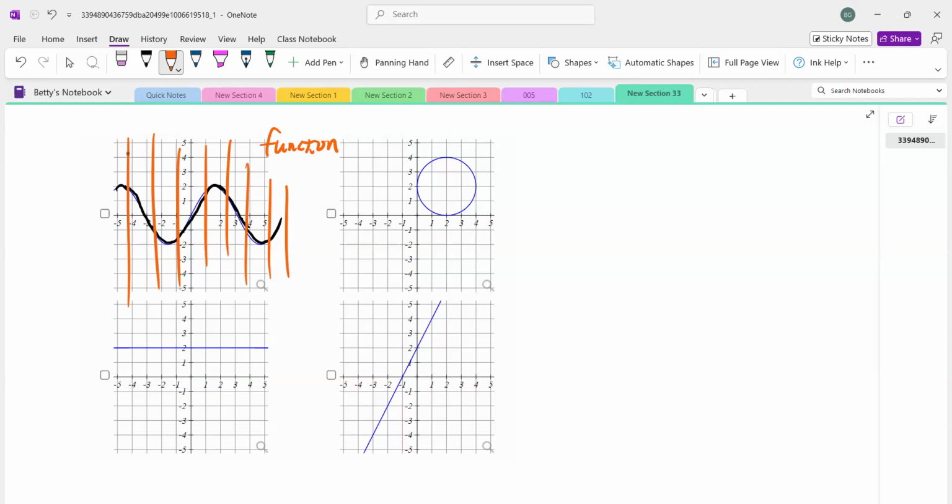The second one, the one on the right, the circle. This is the graph. It is a relation. Can we find a vertical line that crosses the graph more than once? Yes. Very obvious, right? The vertical line test is a very easy technique to grasp.